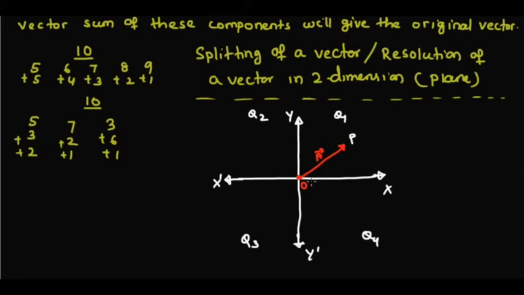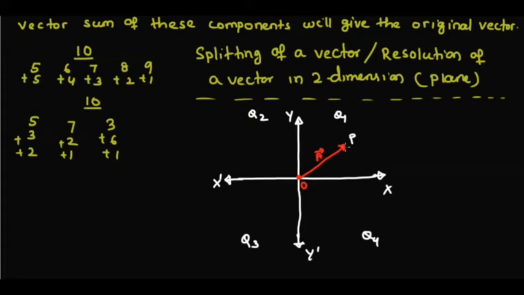So we know that the length of the vector represents the magnitude and the arrowhead signifies the direction. So this length OP is the magnitude of vector A and this arrow mark signifies the direction.